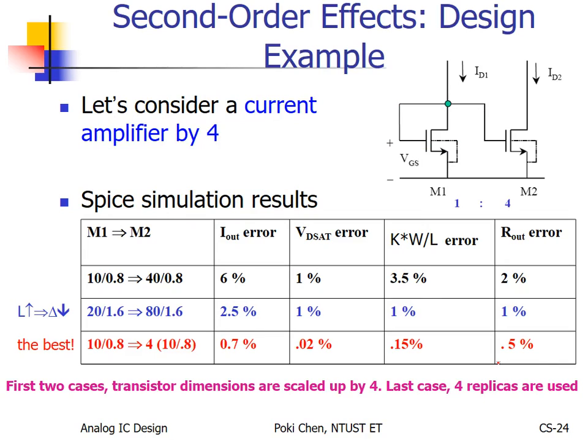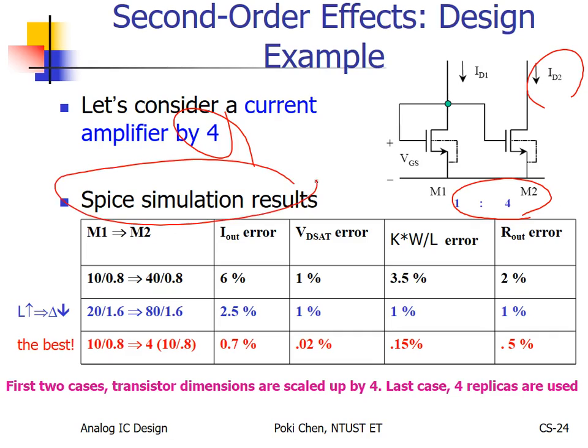For example, you would like to have 1 to 4 output current from the input. And see, this is some kind of simulation done not by myself, sorry for that, but by other professors.